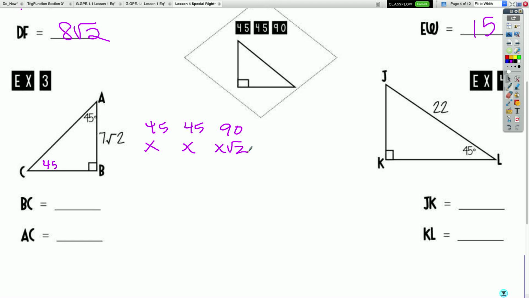X square root of 2. Right, I'm going to use that as an example on the board because a lot of people were doing that yesterday too.